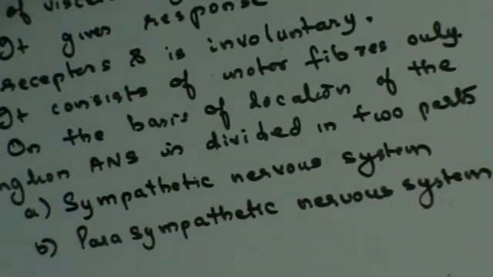So your autonomic nervous system is divided into the sympathetic nervous system and the parasympathetic nervous system.